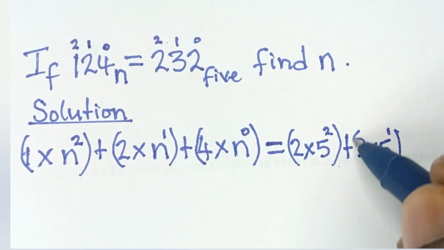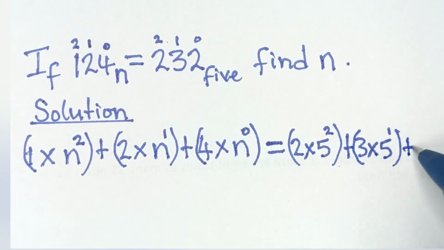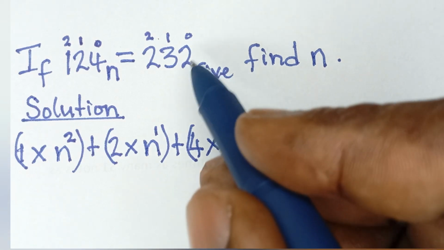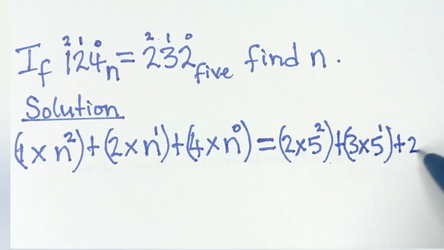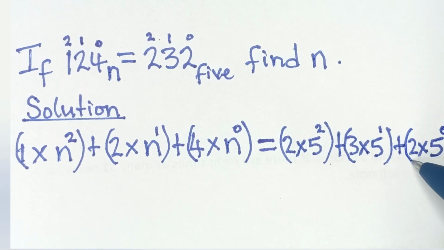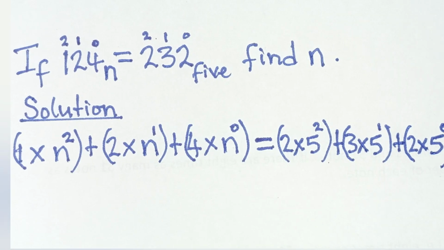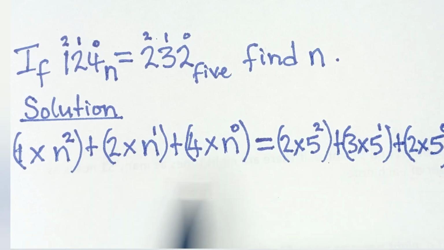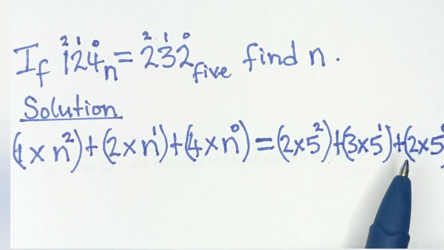And then added to the last number, which is 2, multiplied by the base, which is 5, raised to the power of 0, and then we close that as well. So this is the process of expansion in converting each side to base 10.